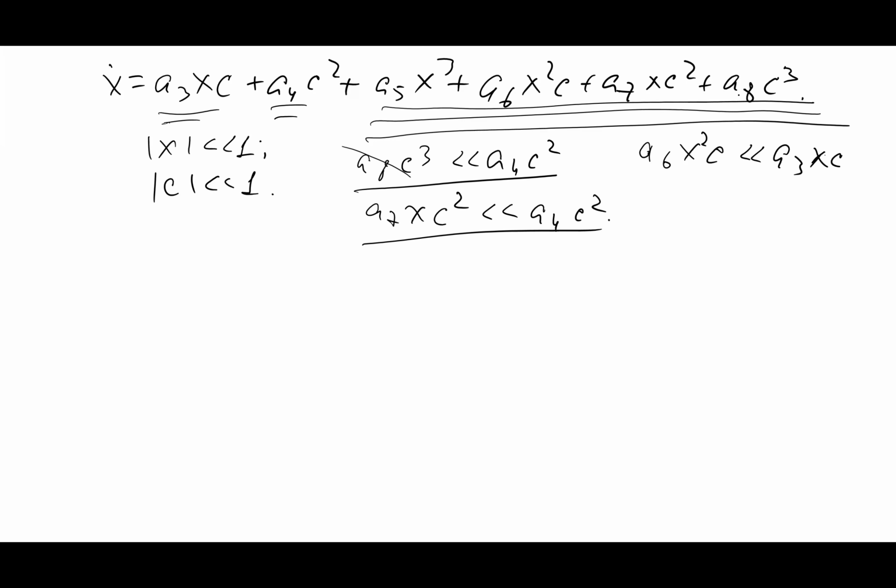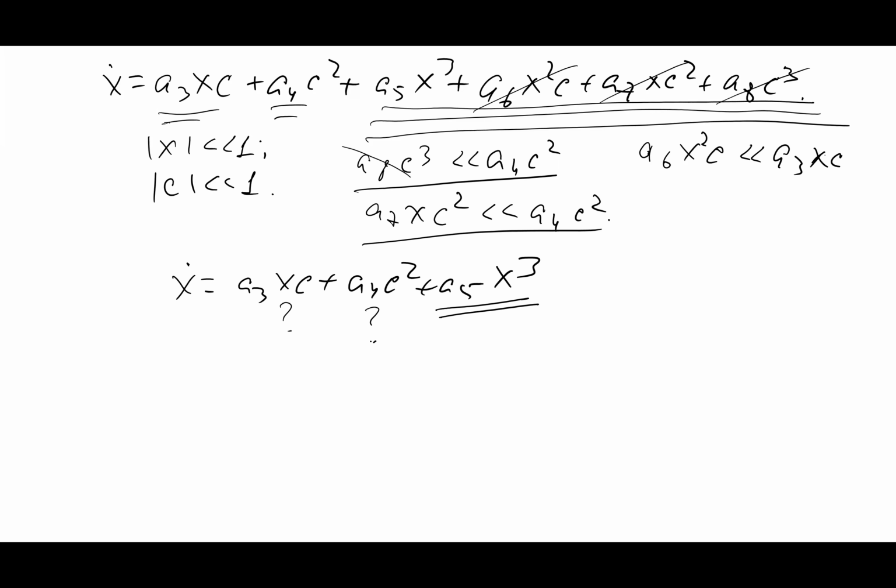So what it means, we can remove this, and remove this. And now we will have x dot equals A3xc plus A4c squared plus A5x cubed. So this cubic term should be of the same order as either this or this.